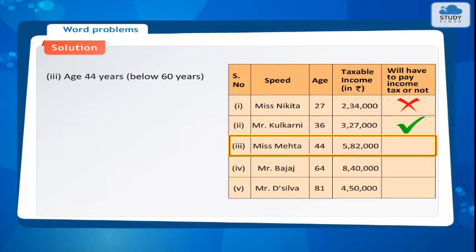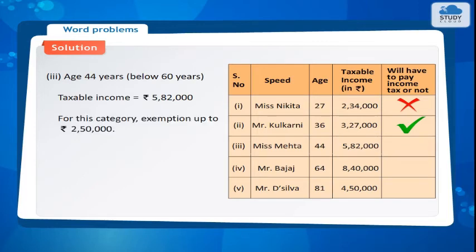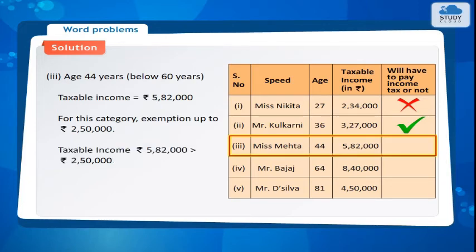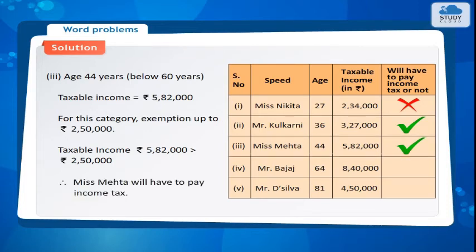Age 44 years, below 60 years. Taxable income is equal to Rs 5,82,000. For this category, exemption up to Rs 2,50,000. Taxable income Rs 5,82,000 is greater than rupees 2,50,000. Therefore, Ms. Mehta will have to pay income tax.